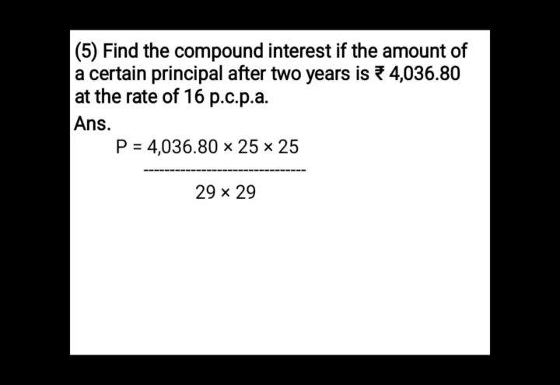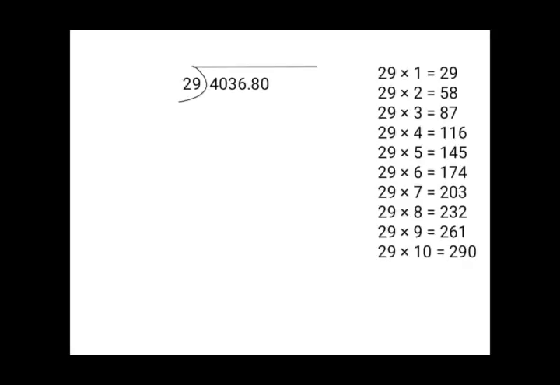First you have to divide 4036.80 upon first 29. I write the 29 table. 29 ones are 29. 40 minus 29, how much? 11. 3 you have to bring down. One digit you have to bring down when you divide. 29 3s are 87, because 29 4s are 116. 116 is greater than 113.